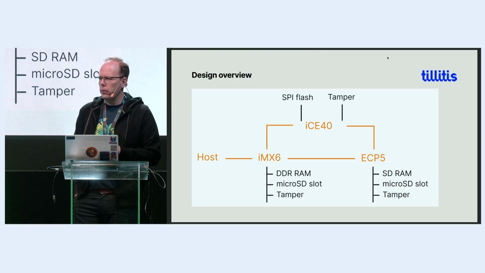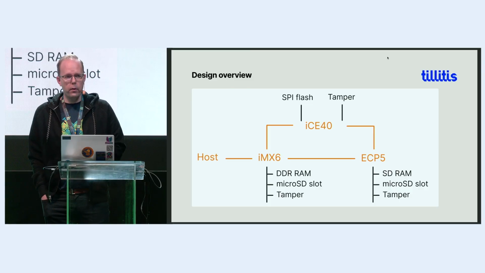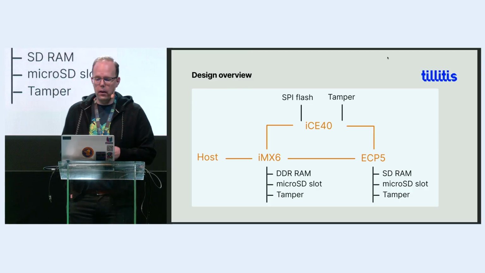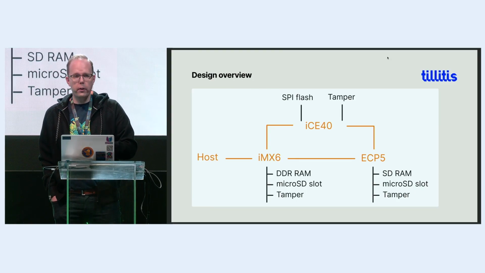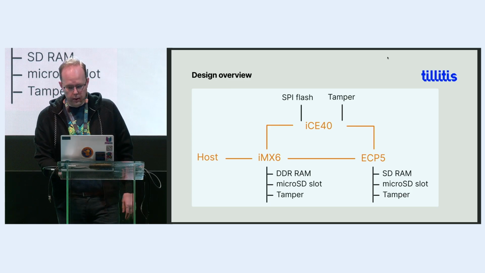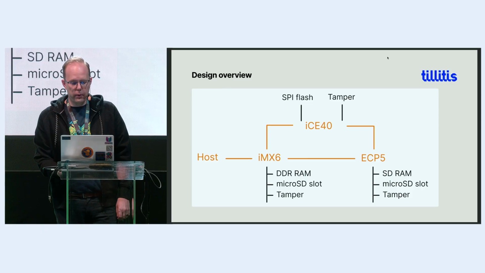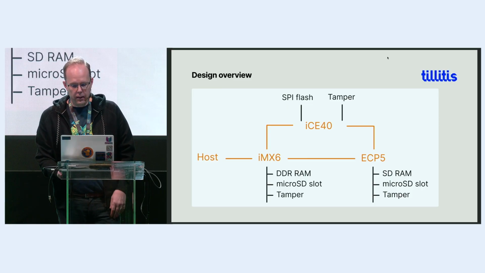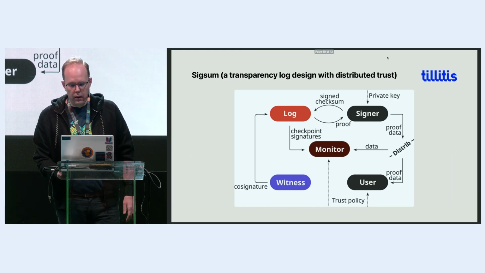It has around 80,000 logic cells, so much bigger than the ICE40's 5,000 logic cells. And that one also runs a TKey design, but with additional cryptographic accelerators in the memory map. And then there's some RAM and some micro SD slots, and the current prototype doesn't have any tamper sensors, but as you can see, that's the idea.